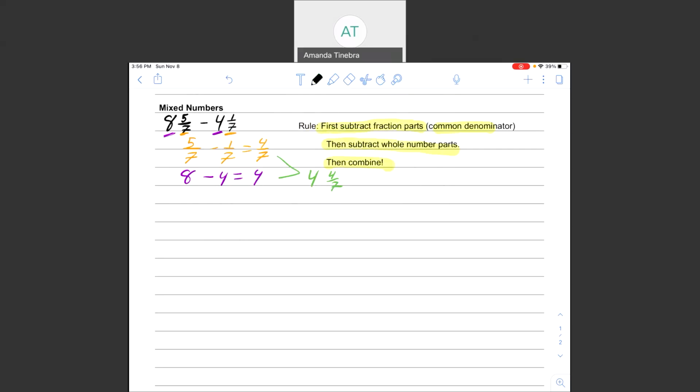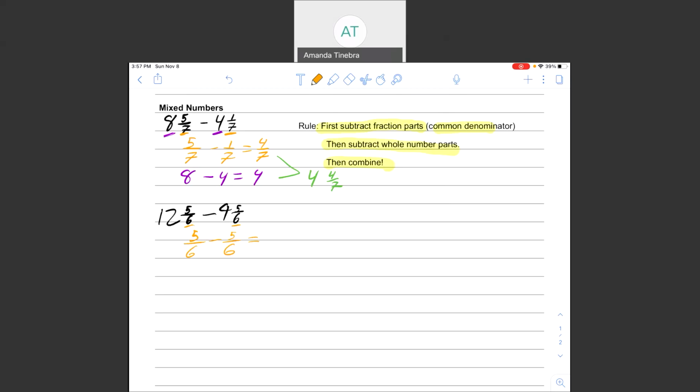So our next problem is 12 and 5/6 minus 9 and 5/6. Okay? Same as before, starting with the fraction part. Here I have 5/6 minus 5/6.